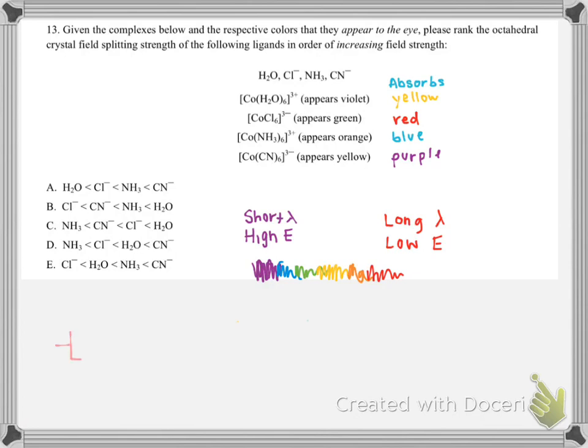For a weak field ligand, this energy difference between the types of d orbitals, or the crystal field splitting parameter, is going to be small. The ligand isn't strong enough to pull those energy levels apart. But if we have instead a strong field ligand, this energy difference will be much bigger.